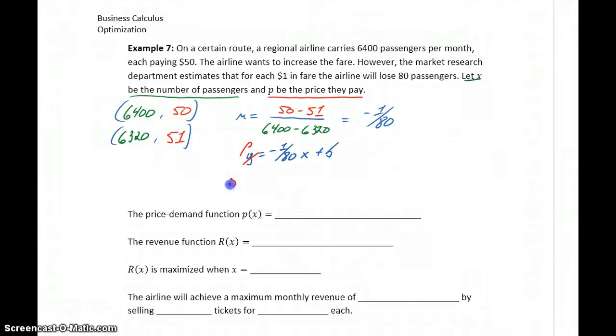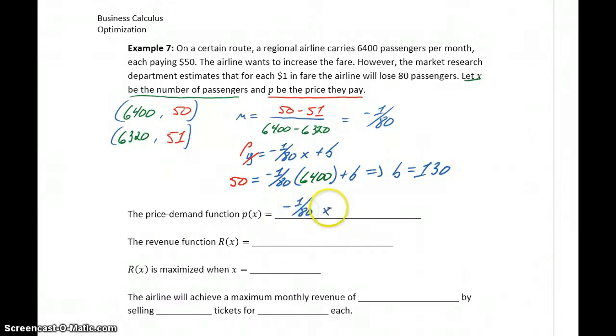So we could go with 50, and that's going to be equal to negative 1 over 80 times that corresponding x coordinate, which would be 6,400, plus some intercept b. So solving for b would tell us that b equals 130. So we get a price-demand equation, which is going to be p of x equals negative 1 over 80 x plus 130.